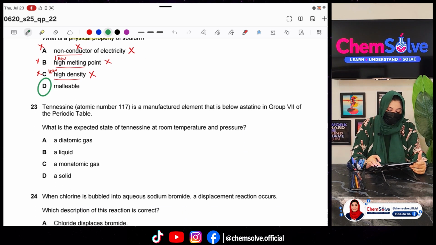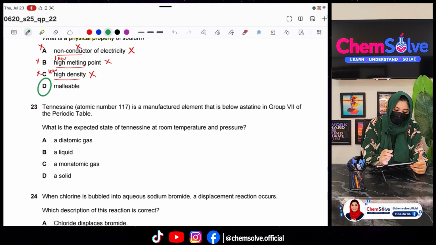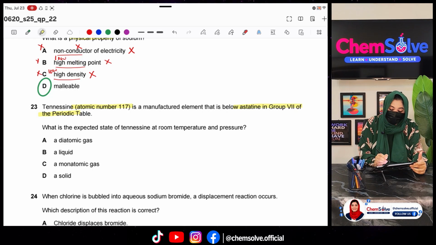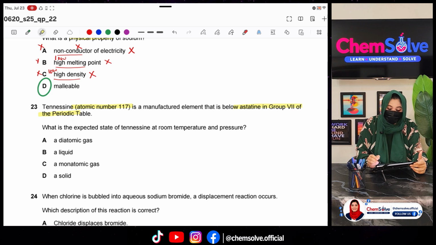The next question is question number 23. Tennessine that has atomic number 117, it is the manufactured element that is below astatine in group 7 of the periodic table. So what is the expected state of the tennessine at room temperature and pressure?